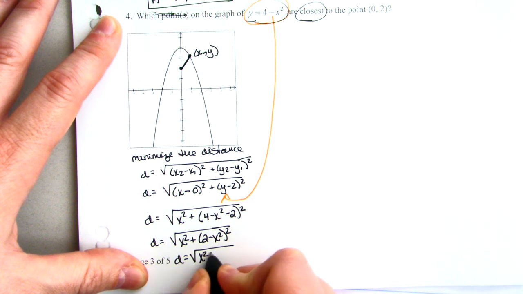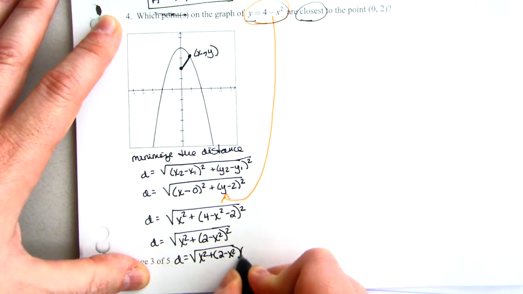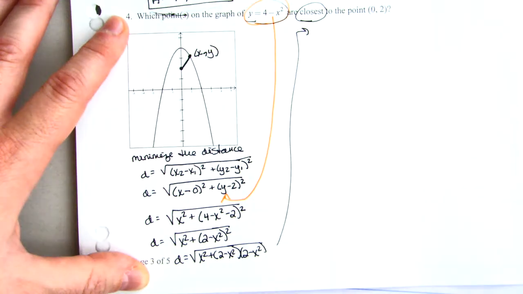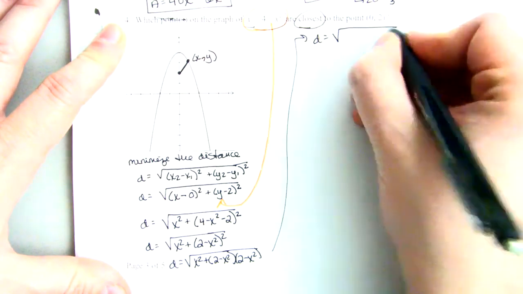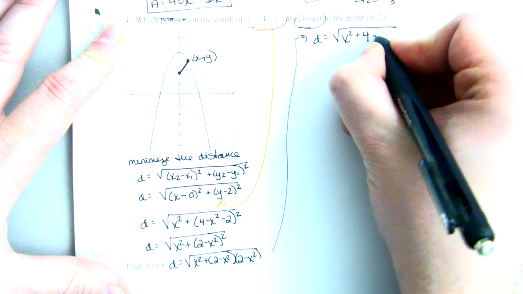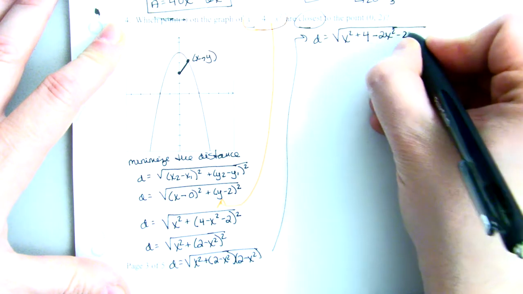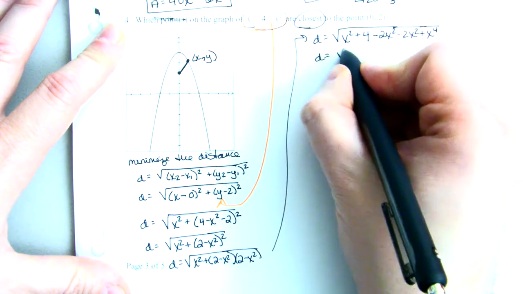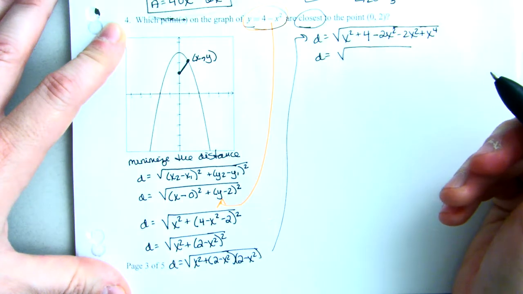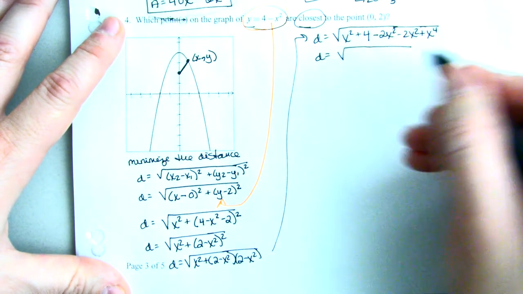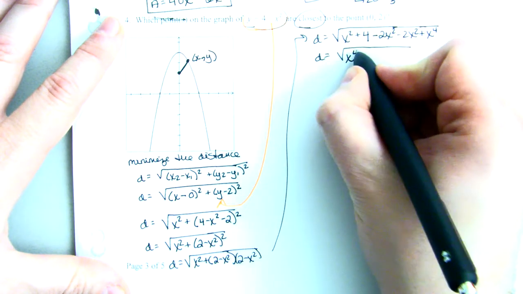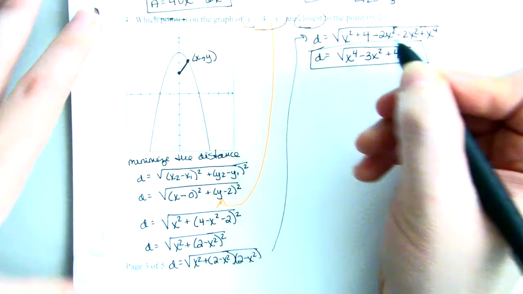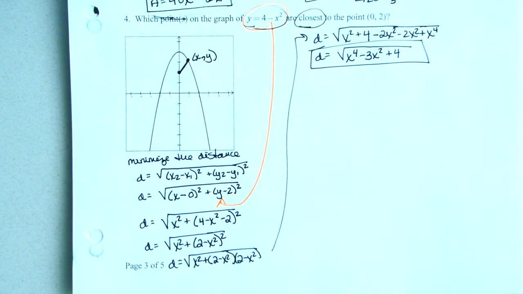D equals the square root of x squared plus 4 minus 2x squared minus 2x squared plus x to the 4th. D equals the square root of, let's see here, this looks like x to the 4th minus 3x squared plus 4. And this is my primary equation. This is now what I want to minimize.